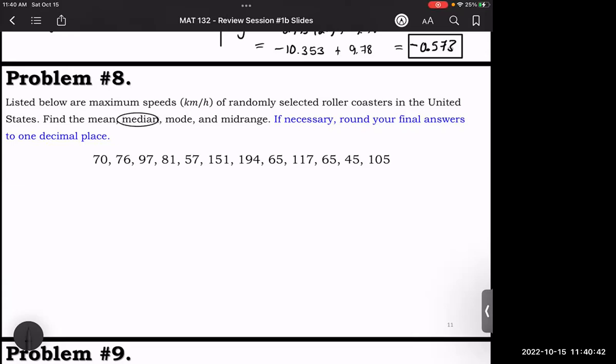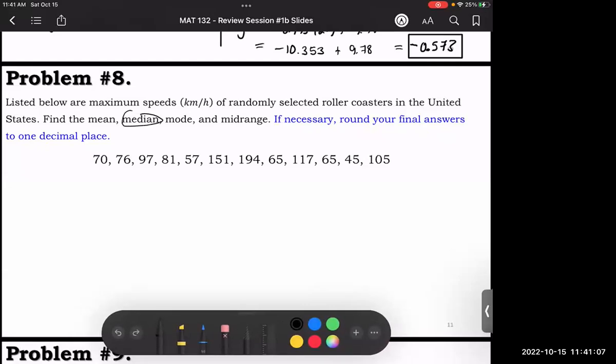When you're finding the median by hand, what's one thing you have to make sure about the data values? Order the numbers. Yeah, you order the numbers. So let's put these values in order first because they were not, and then we solve the rest of the problem. So in order, what would be your first value?